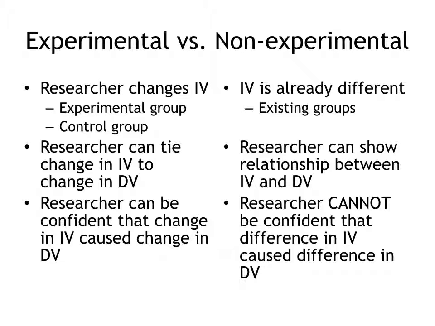So let me give you an example of a situation like this. Say I truly wanted to see if an hour of physical education every day helped students' reading scores, their reading comprehension scores. So I take a group of third graders and I do a random sample from across maybe 5 schools that I have access to.